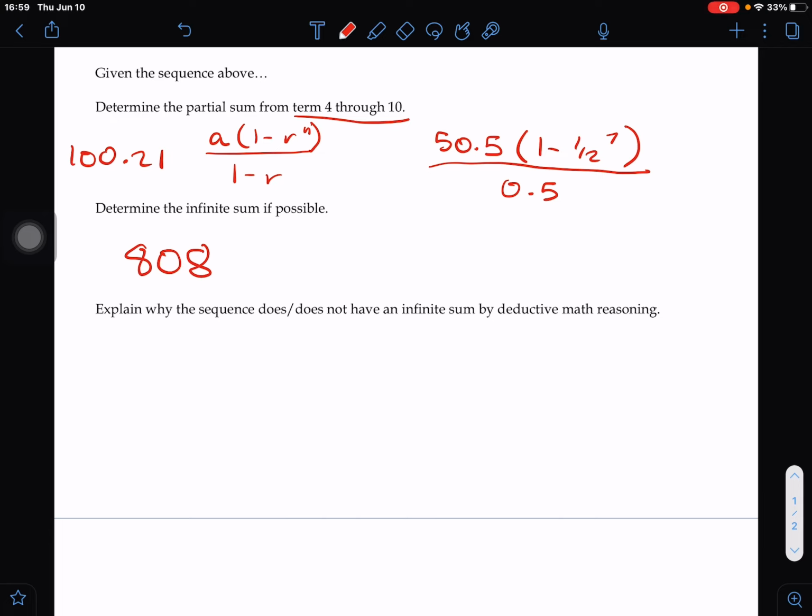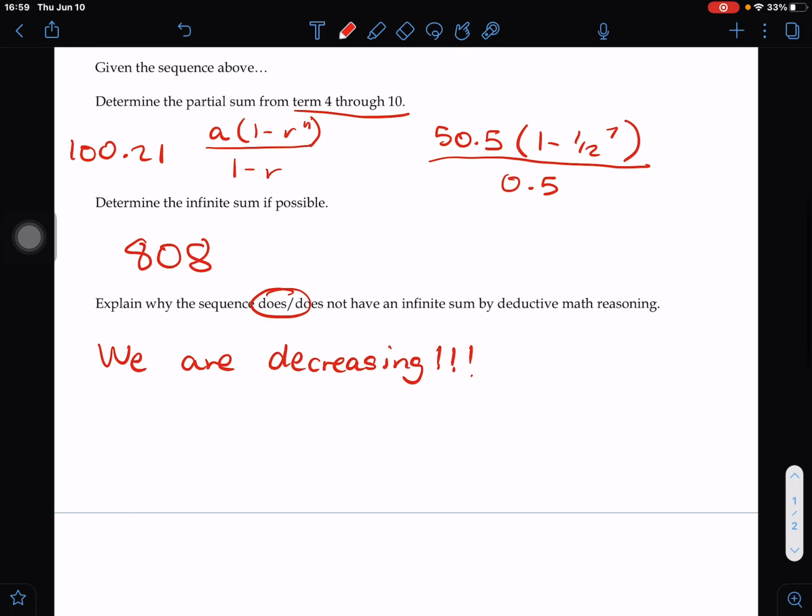And the sequence does have an infinite sum because we are decreasing. If we were increasing, then we wouldn't be able to determine anything, because our values would basically just end up reaching infinity.